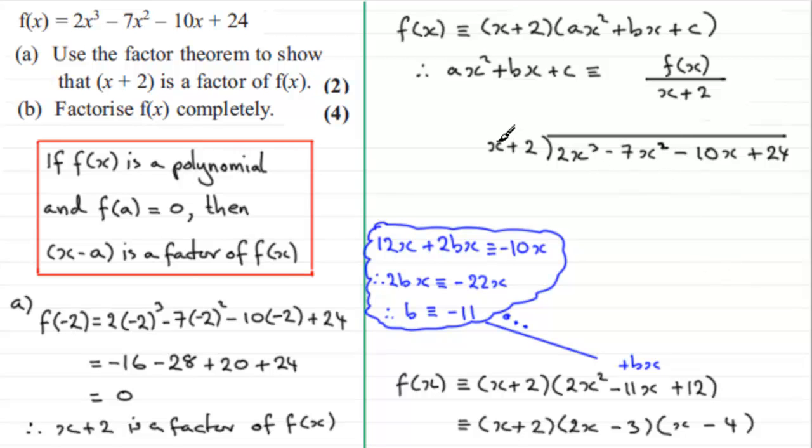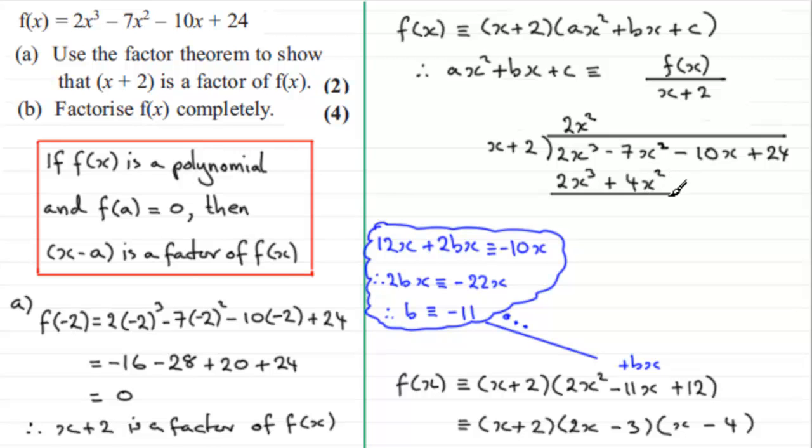So in the usual way, what do we multiply x by to give 2x cubed? Well, it's 2x squared. And then we do 2x squared multiplied by x plus 2, putting our answer underneath here. So 2x squared times x gives 2x cubed, and then 2x squared times plus 2 gives plus 4x squared.